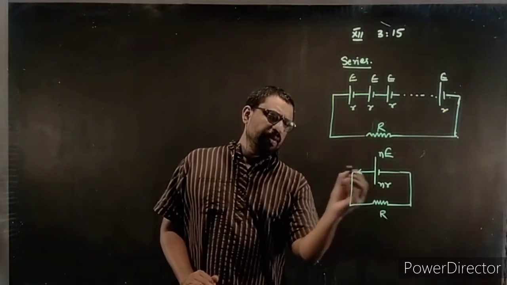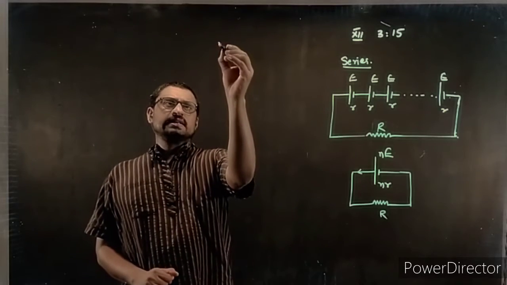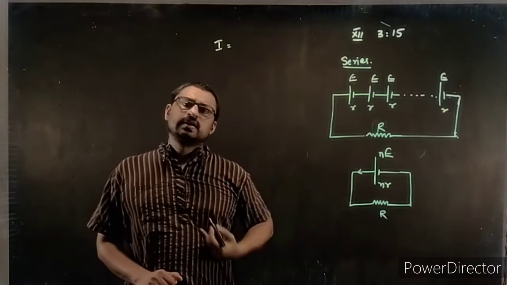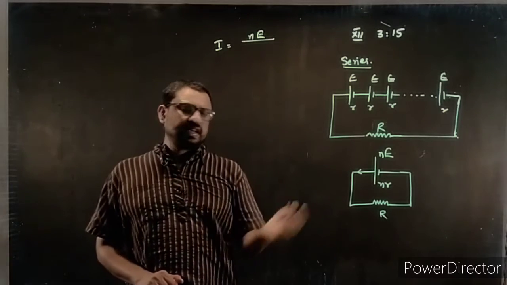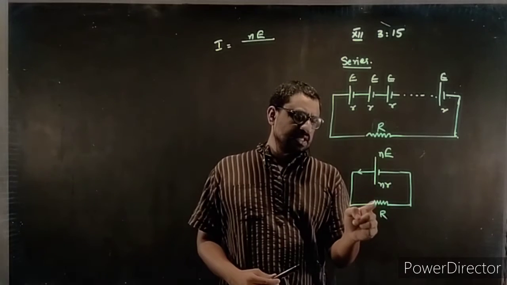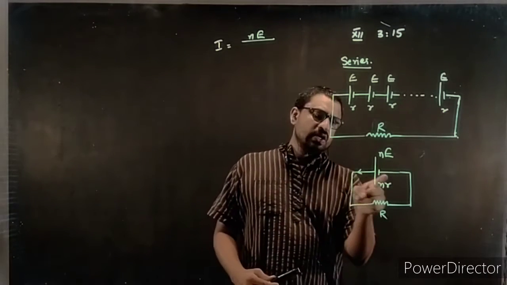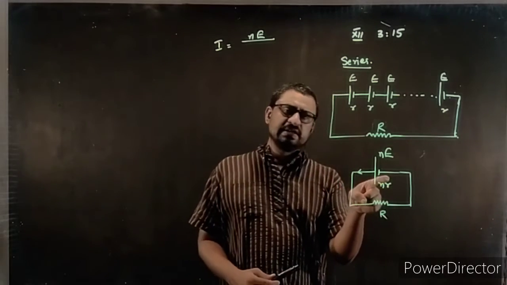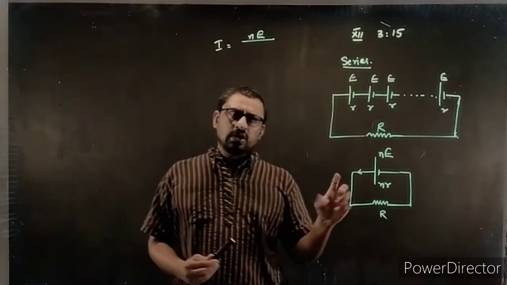Current will be drawn from the positive to the negative. So what is the current? Current will be the effective EMF nE divided by the effective resistance. The same current flows through the external resistor and through the effective internal resistor, so they are connected in series.